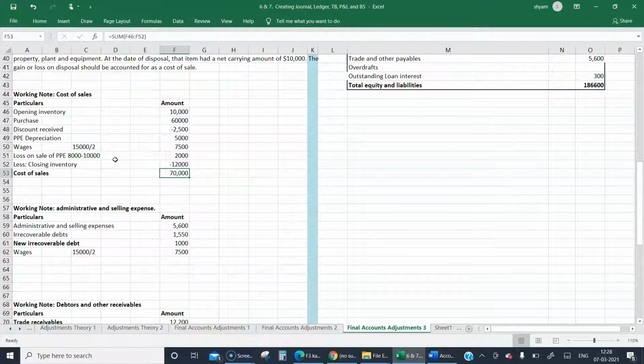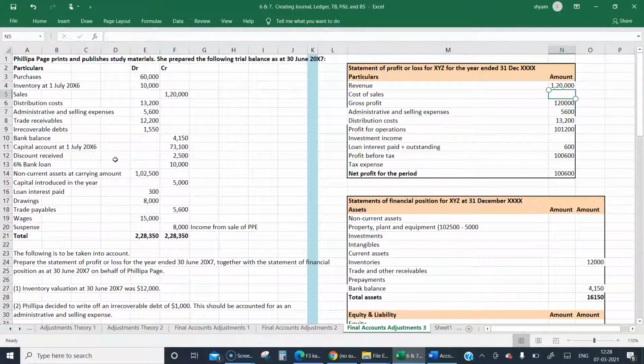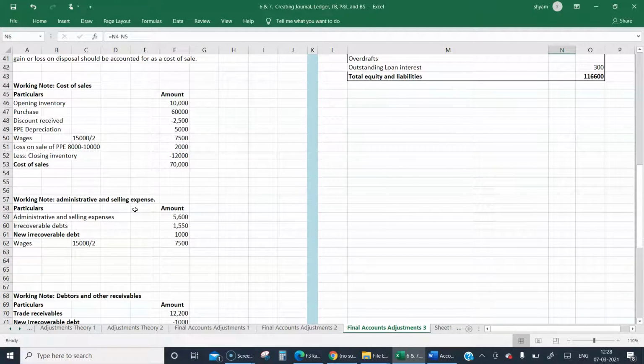Okay, so cost of sales is 70,000. We'll note that. The next one is admin and selling expense.